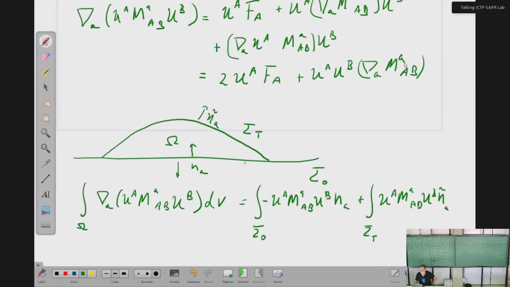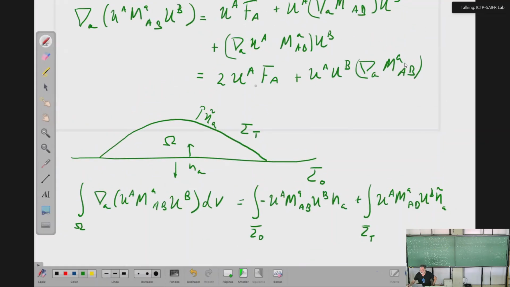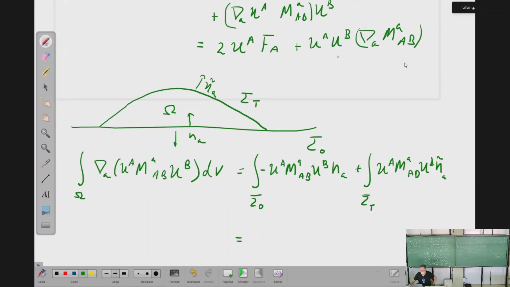We have all this, right? So this is equal to U_A F^A plus the integral on omega of U_A U_B, this divergence, dV.